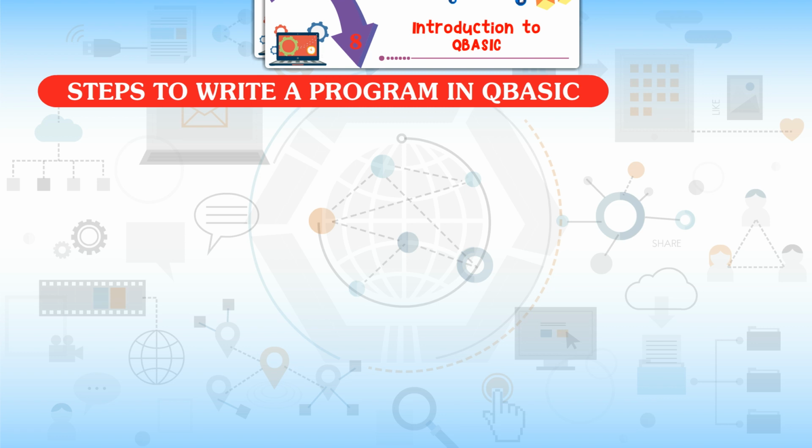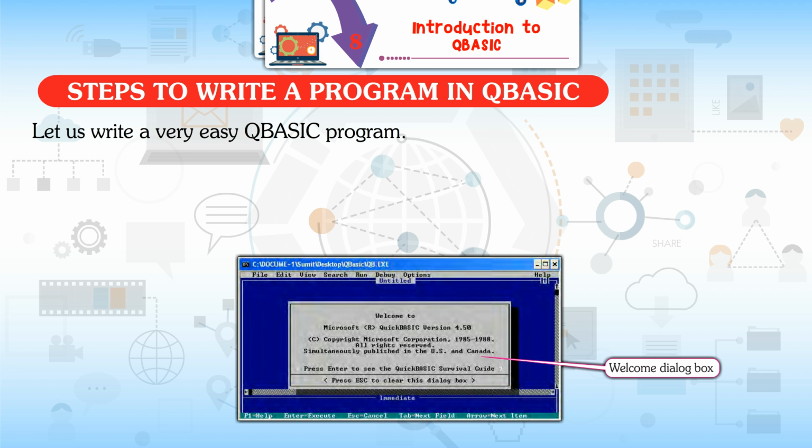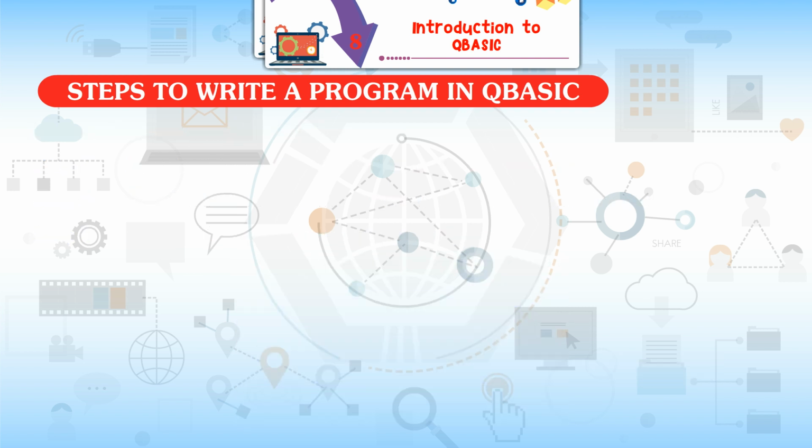Steps to write a program in QBASIC. Let us write a very easy QBASIC program. Step 1: Double-click on the QBASIC icon to start QBASIC. Step 2: The QBASIC window will appear with a welcome dialog box. Step 3: Press the Escape key to hide the welcome dialog box.